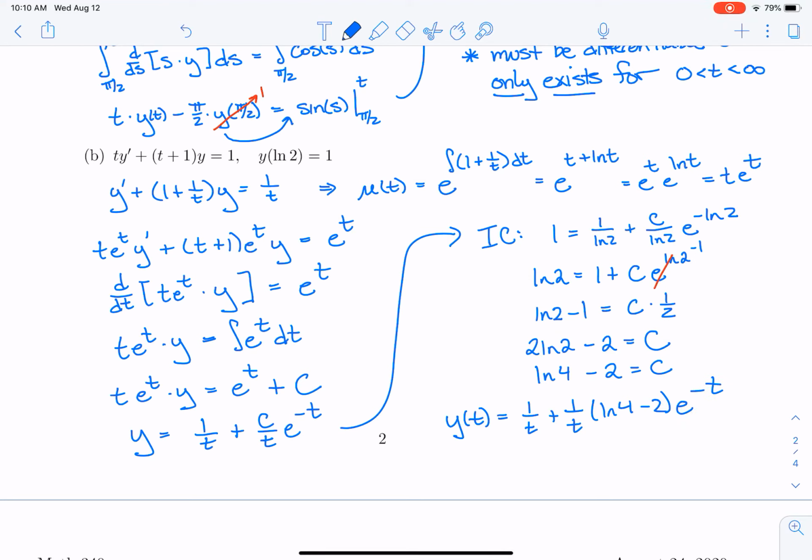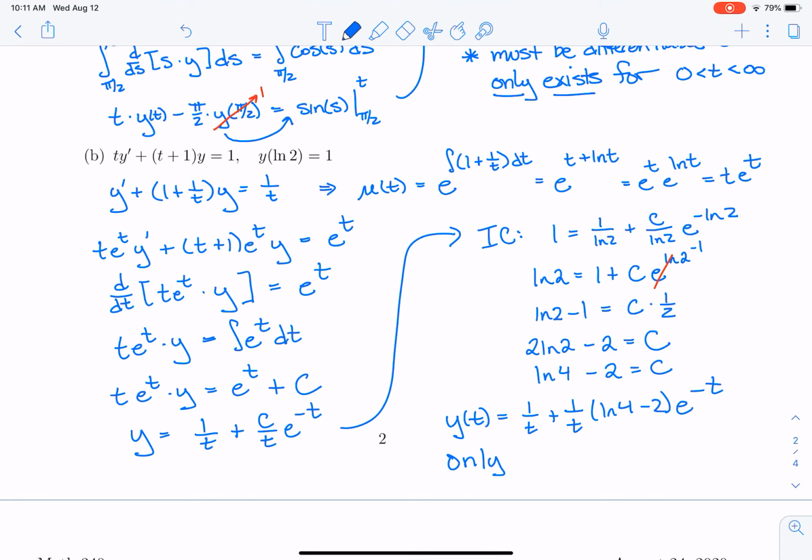Again, I want you to notice that this solution does not exist for all time. It only exists when t is not 0, or the interval containing t, or the interval containing the initial condition of natural log of 2 that doesn't go beyond 0.